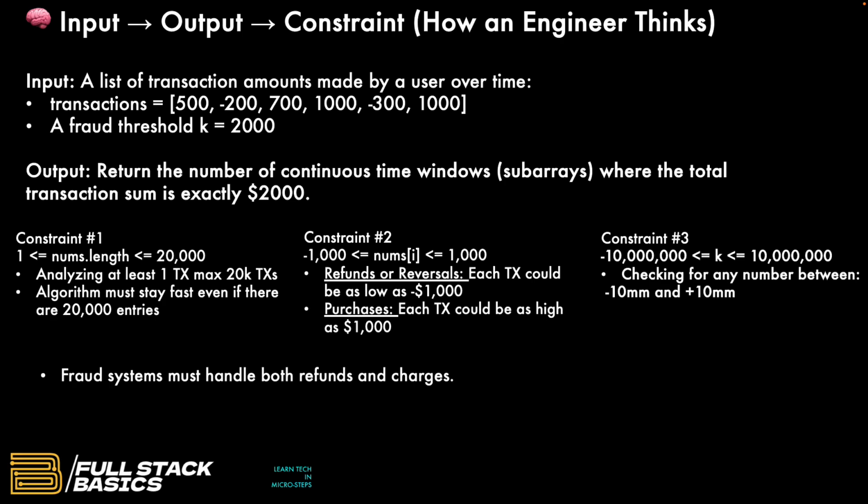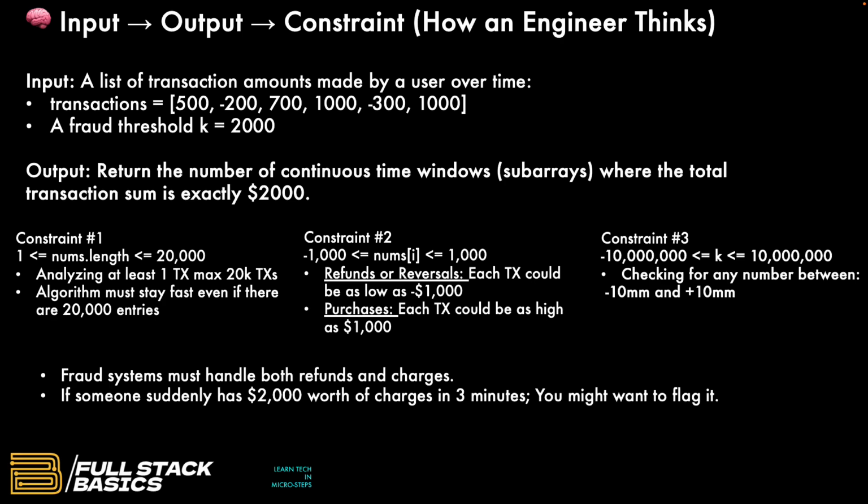Remember, fraud systems must handle both refunds and charges. If someone suddenly has $2,000 worth of charges in, say, 3 minutes, that's when you might want to flag it. And also remember, if you have minus $5,000 in rapid refunds, that's also suspicious.